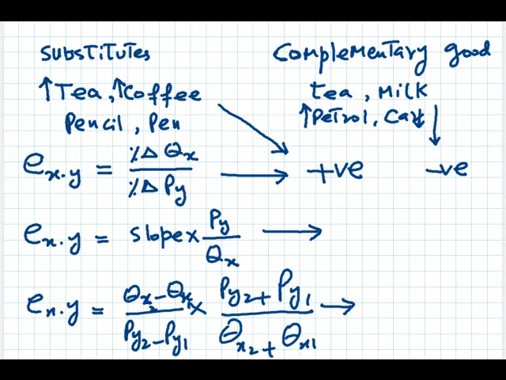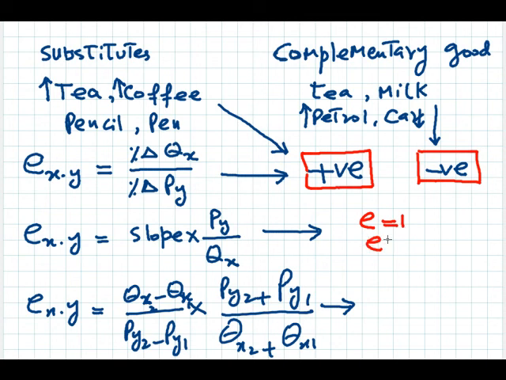So we can make one rule that in case of substitutes, the cross elasticity of demand is positive, and in case of complementary goods, the cross elasticity of demand is negative. And the degree of elasticity will remain the same as we have seen in case of price and income, that it may be equal to 1, or greater than 1, or less than 1.